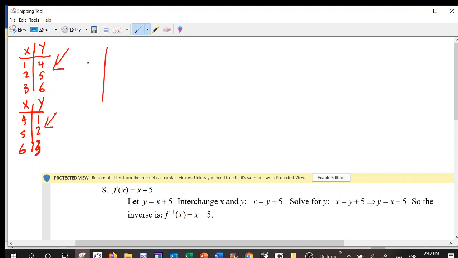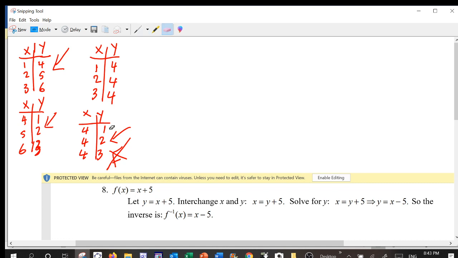But notice that if we have a function like this, and then you switch x and y, its inverse is not a function. It is the inverse of that, but we can't call it a function.